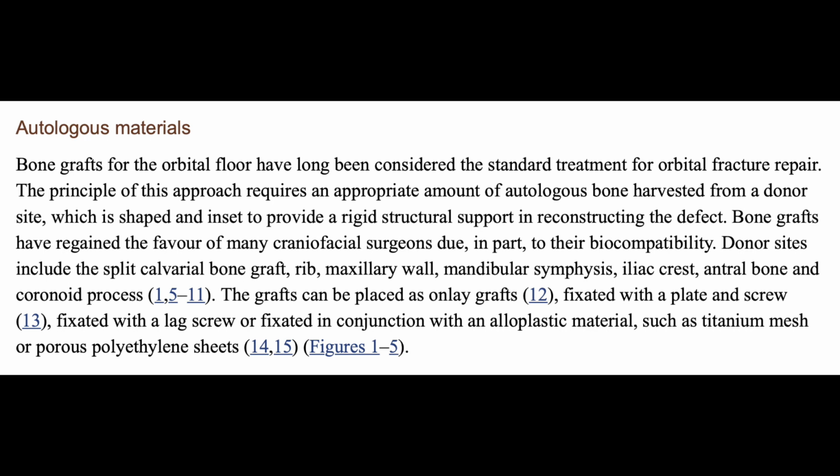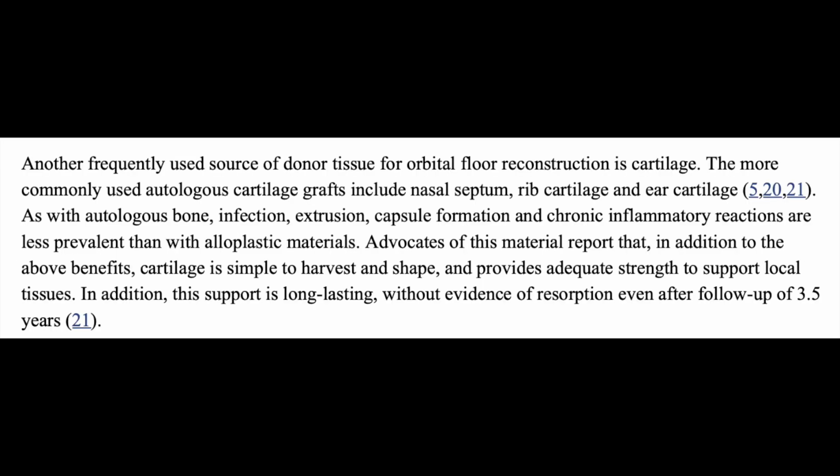Donor sites include split calvarial bone graft, rib, maxillary wall, mandibular symphysis, iliac crest, antral bone, and coronoid process. We also have cartilages which can be used as donor tissue. Another frequently used source of donor tissue for orbital floor reconstruction is cartilage. The more commonly used autologous cartilage grafts include nasal septum, rib cartilage, and ear cartilage, right?